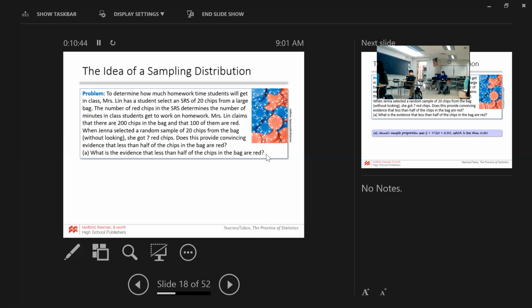So the child wants to know, is that evidence that there's actually less than half of the chips in the bag are red? Or is that sampling variability? Make sense? Because you would expect, if you took 20 chips out of there, if half of them are red, you would get 10 red. You're not guaranteed to get that.